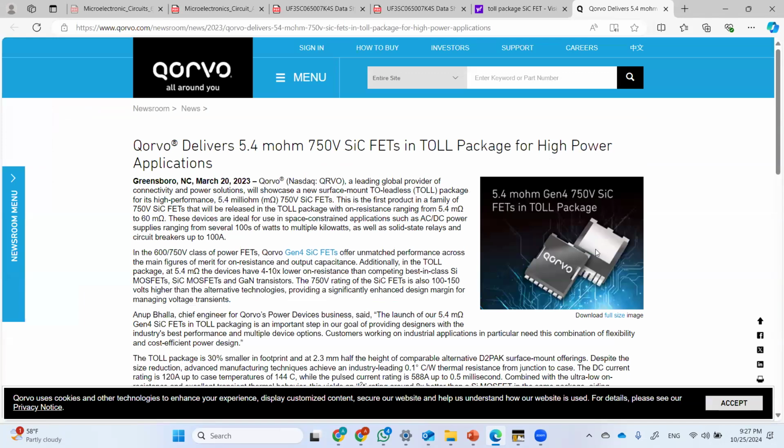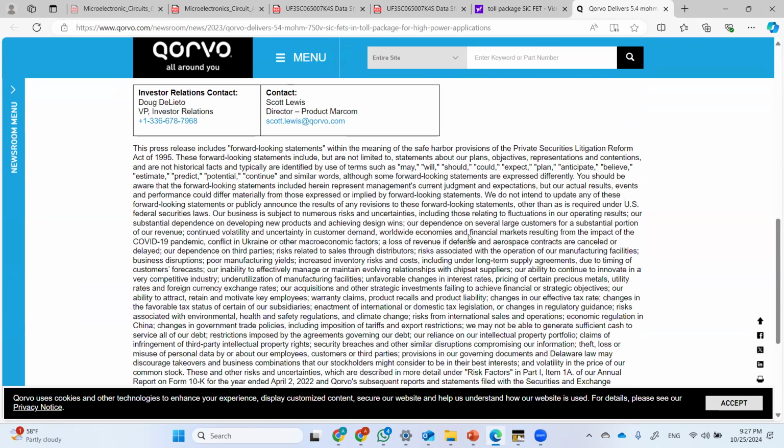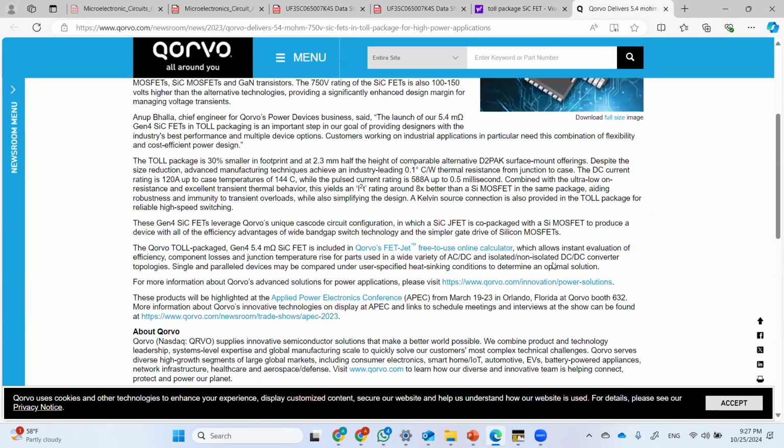Yeah, so I'm currently working in a project with this switch. As you can see, it's a 5.4 milliohm, 750 volt silicon carbide FET. This one actually has cascode, and it's working in series with a MOSFET in just one package like that.